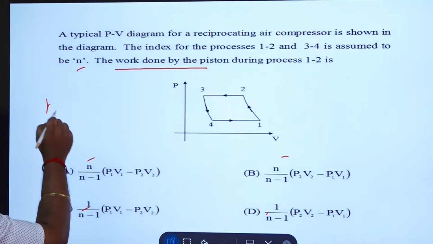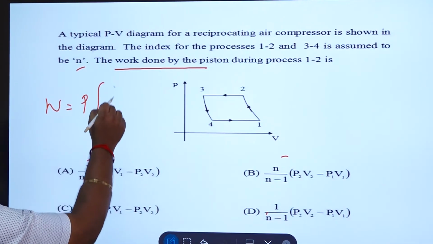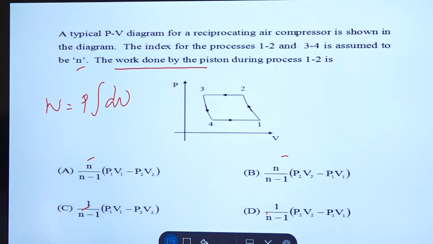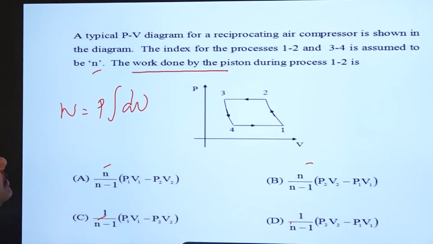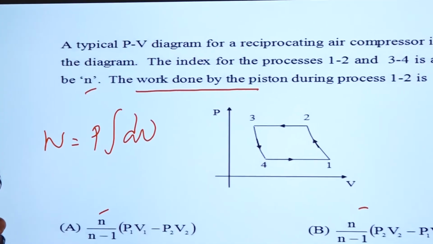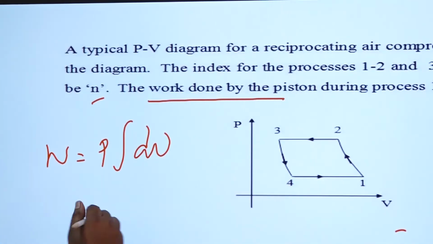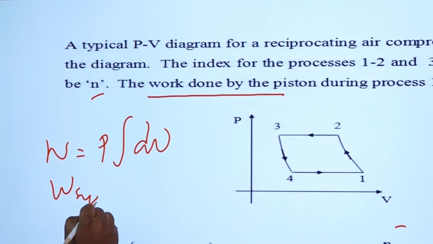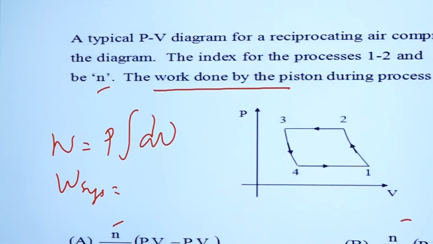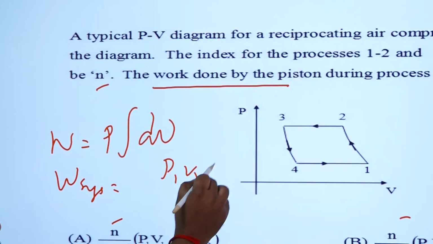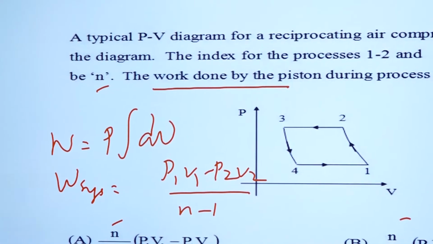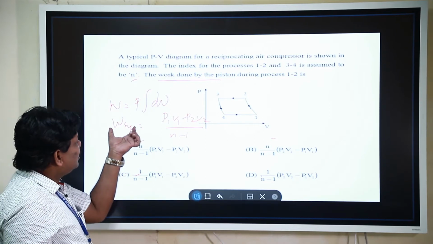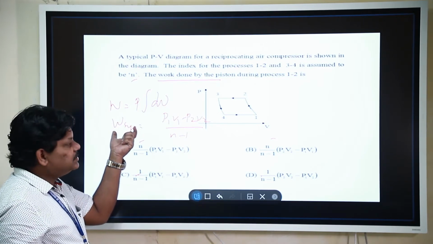W is the integral of P dV, that is the work done. Now you have to find the work done for this polytropic process. First you find the work done for the system, which is P1 V1 minus P2 V2 divided by n minus 1. Am I right? This is the work done by the system.